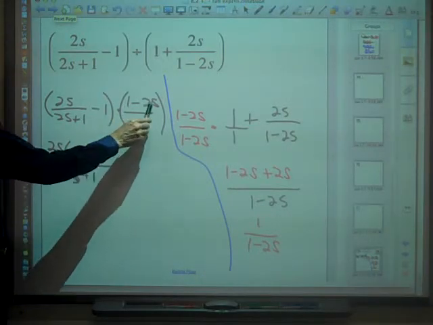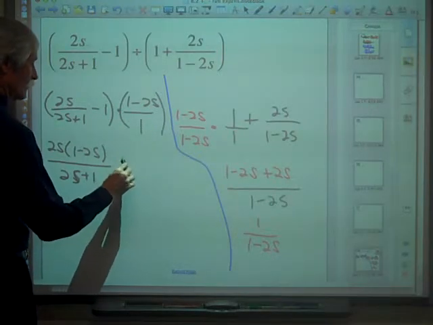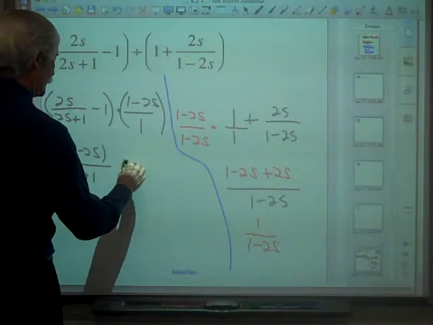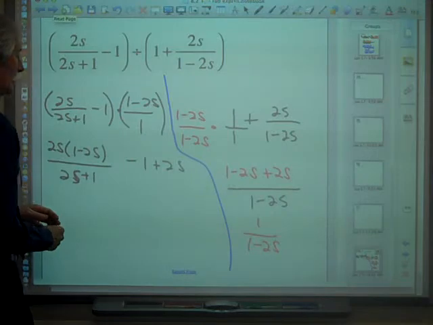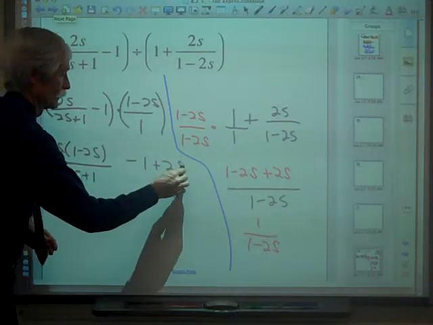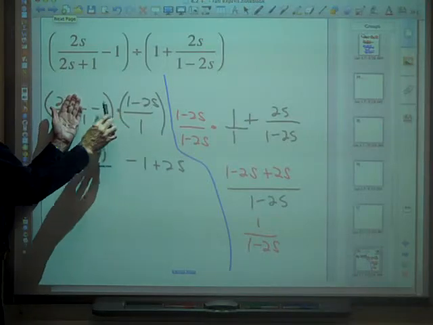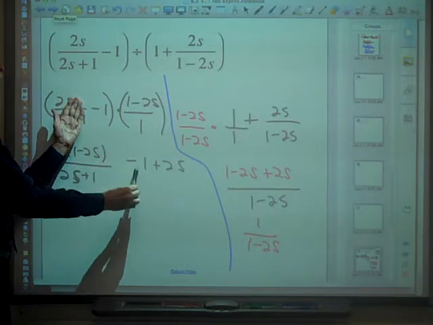What's minus 1 times all that stuff? Minus 1 plus 2. So this times this. Take the minus 1 up there. And 1 times 1 is 1.